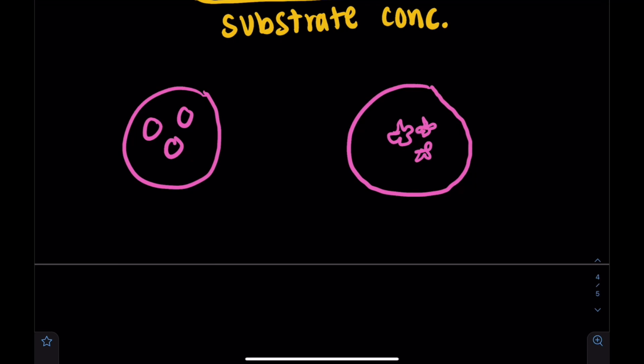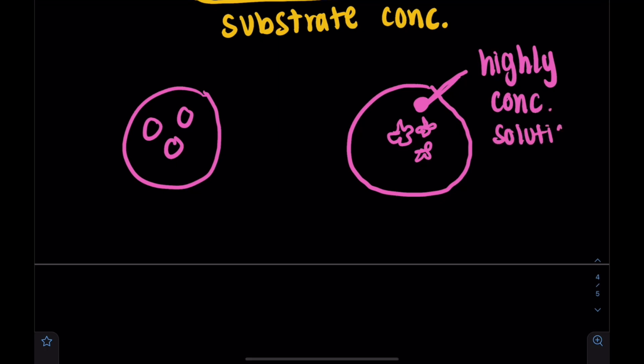So, if you have a hypertonic environment, right? So, this area here, that is more concentrated, right, outside of the cell. So this is highly concentrated solution outside of the cells. Well, that is going to affect the cytoplasm. That is dehydrating the cytoplasm.